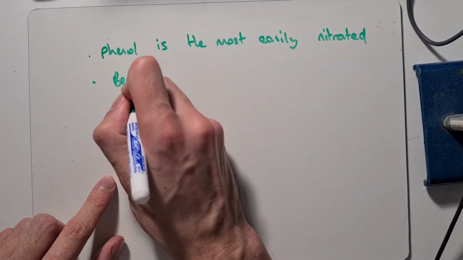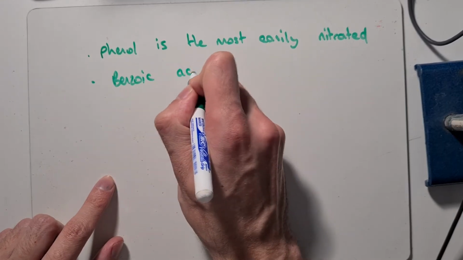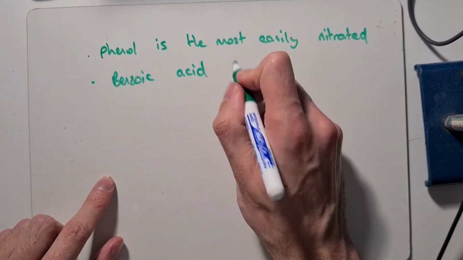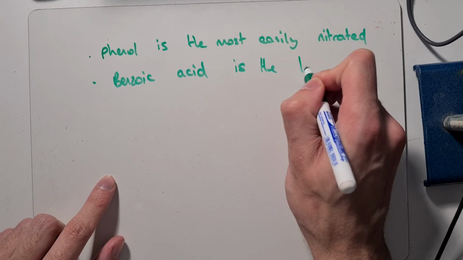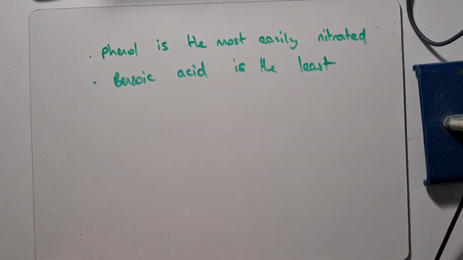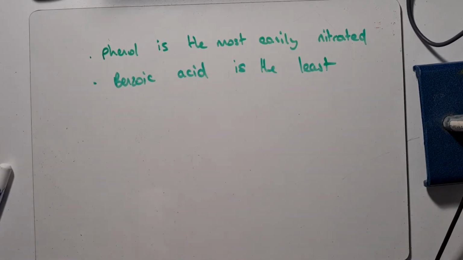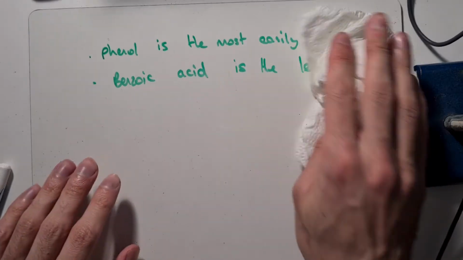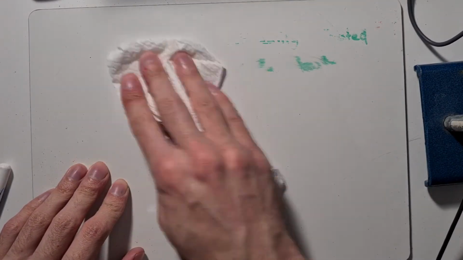Benzoic acid is the least. And then we need to apply our knowledge of the bonding in arenes to explain the trend we've just seen.